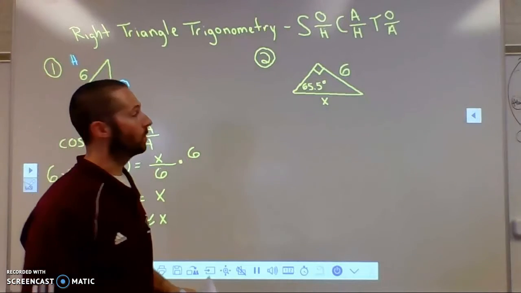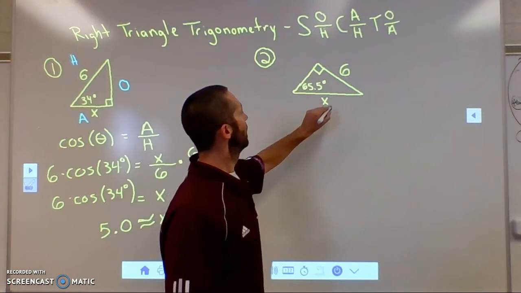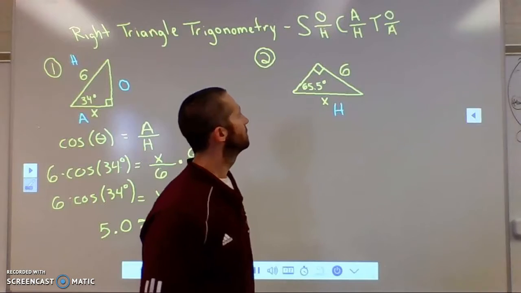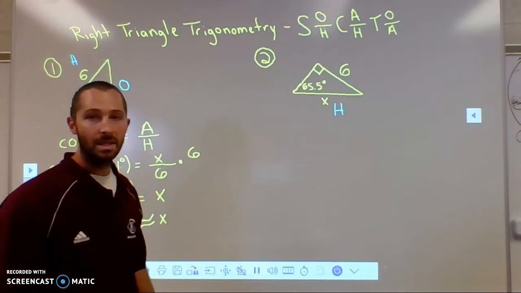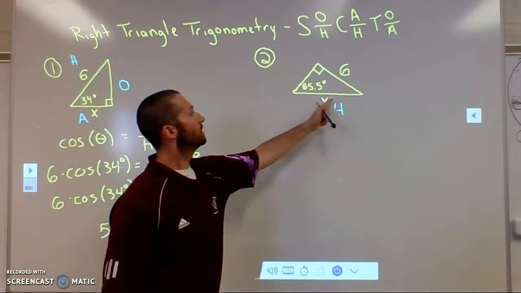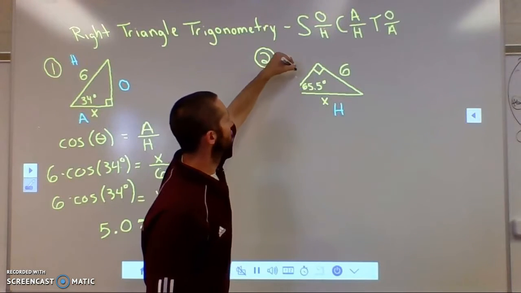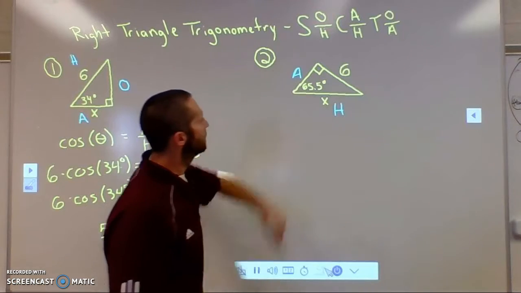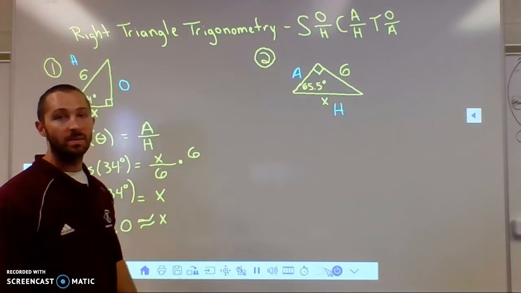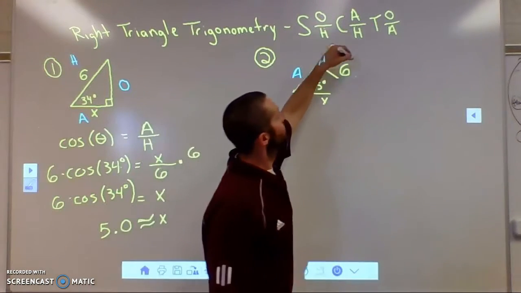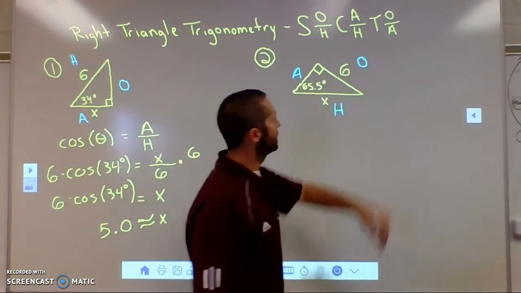Hypotenuse is across from the right angle, so here x is going to be my hypotenuse. Adjacent means next to. There are only two sides next to the 65-degree angle, x and then this unknown, so there's my adjacent side. Which by process of elimination means that 6 here in this triangle is the opposite side length.